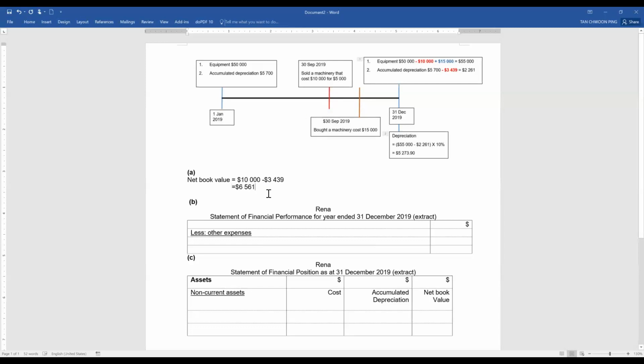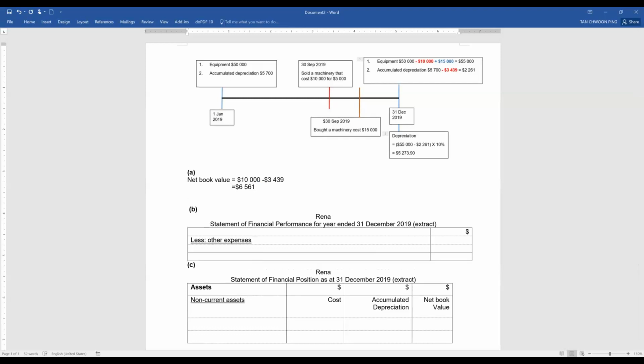But how much are we selling it for? We are only selling it for 5,000. So in other words, do we make a gain or loss? From here, you will be able to see that we are making a loss, because my selling price is much lower than my net book value.